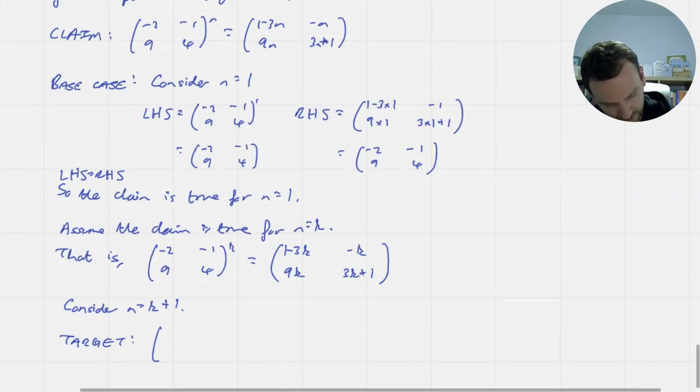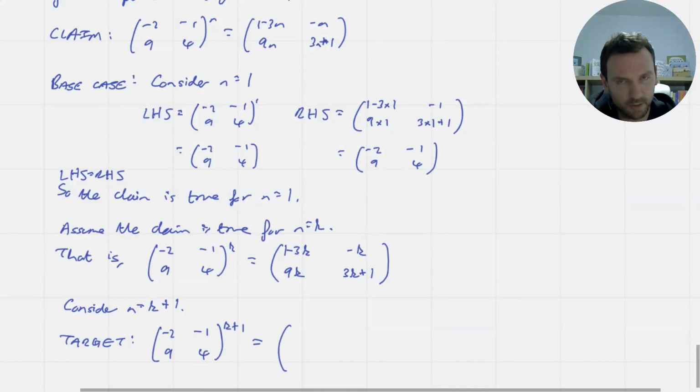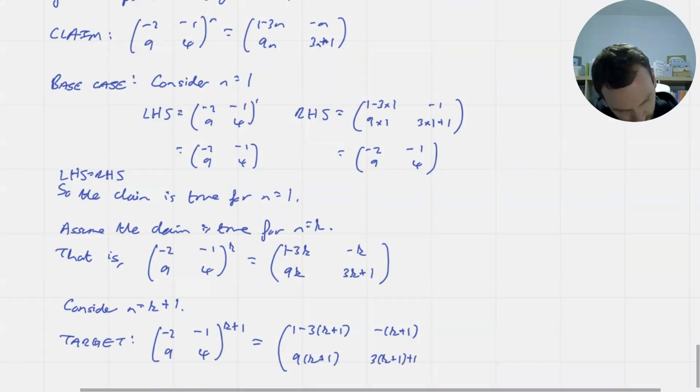So we're hoping that (-2, -1; 9, 4) to the k plus 1 is equal to, and I'm not going to worry about expanding here, all I'm going to do is replace all those n's in our claim with k plus 1s. So just putting brackets: (1 - 3(k + 1), -(k + 1); 9(k + 1), 3(k + 1) + 1).